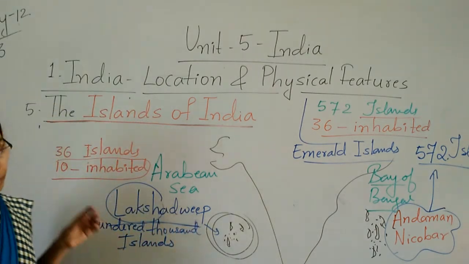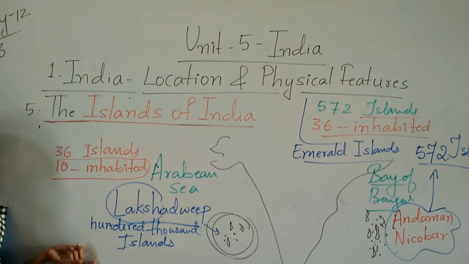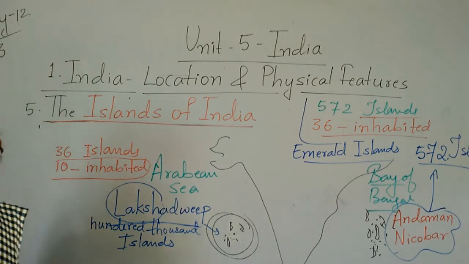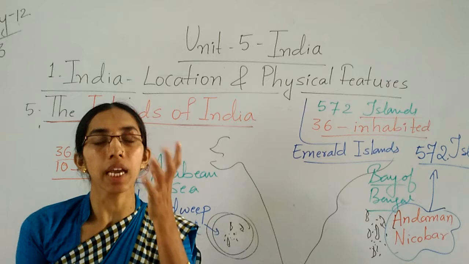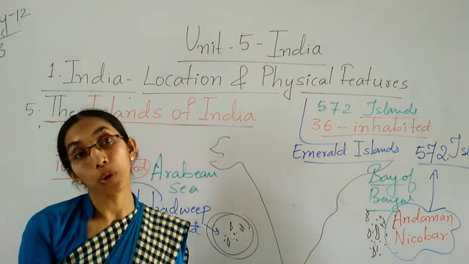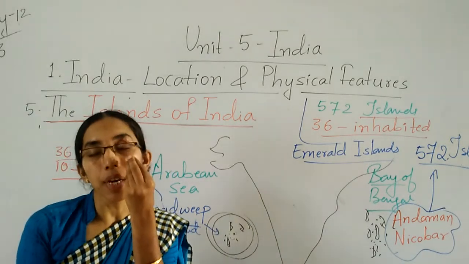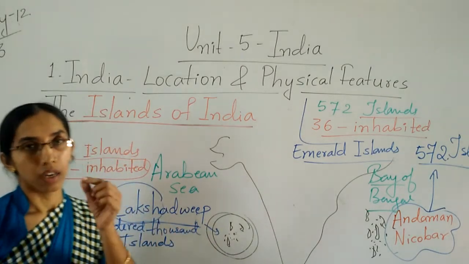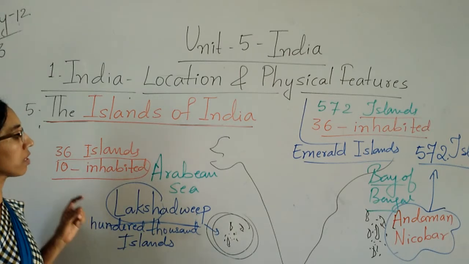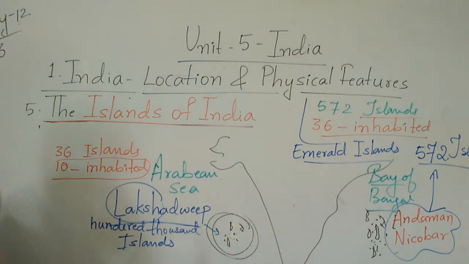And then, do you know children, Lakshadweep is very rich in flora and fauna, and its beaches are truly very beautiful. Later I will show you the small images. So this is about the Lakshadweep Island. Lakshadweep means 100,000 islands.